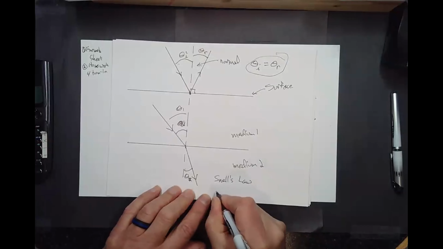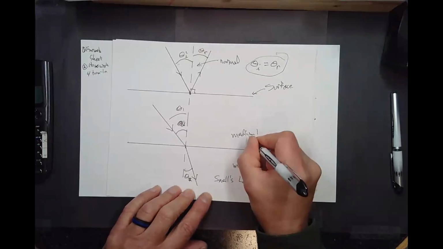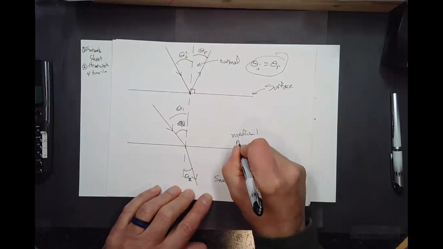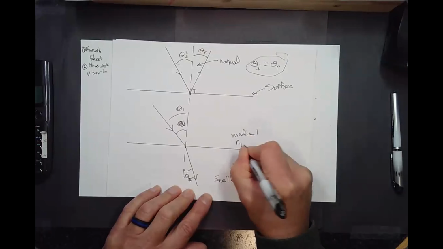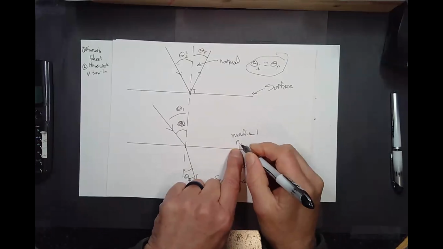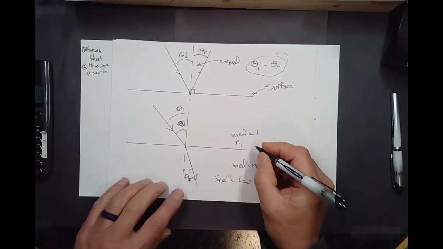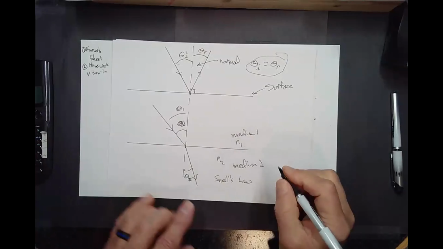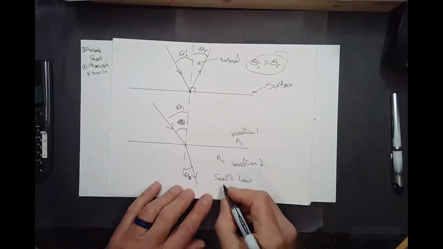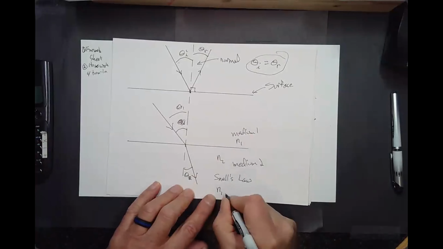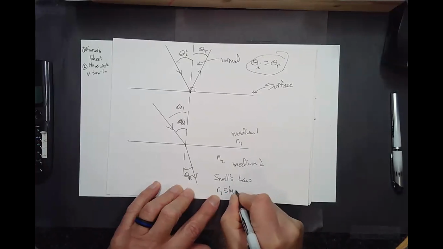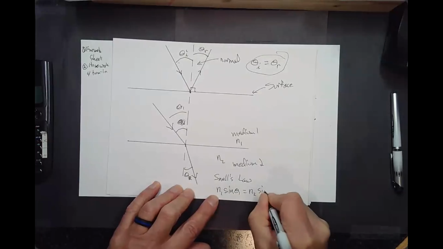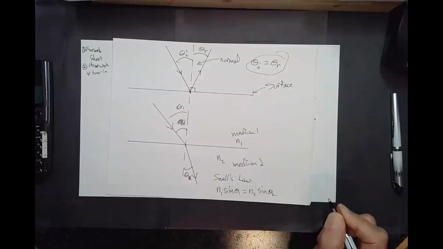One of the properties that we'll use to describe medium 1 is something called its index of refraction. And we just use a lowercase n for that with a subscript of whatever. Down here, we've got medium 2. It'll have that. But what we find out is that n1 times the sine of theta 1 is equal to n2 times the sine of theta 2.